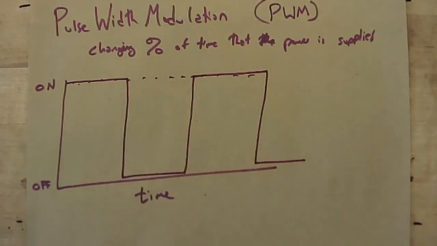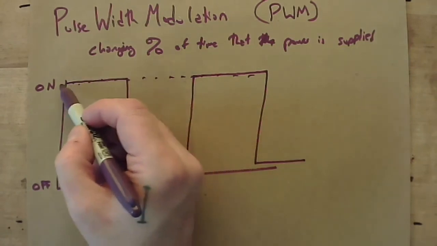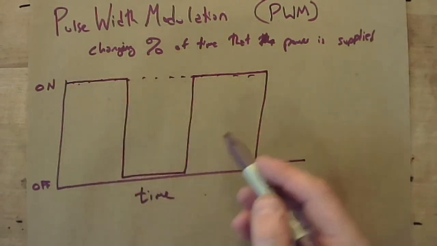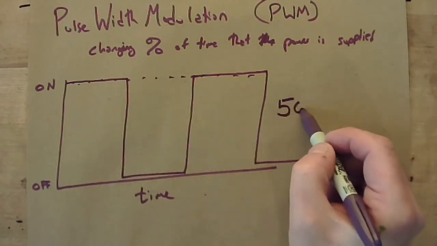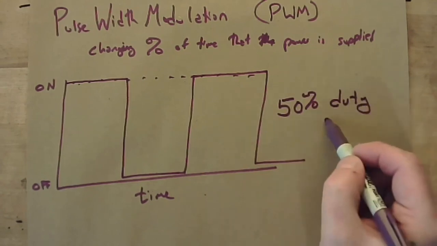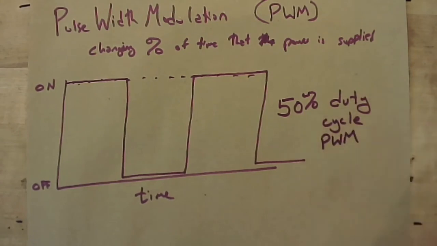we'll see a graph something like this, where the amount of time that it's on is equal to the amount of time that it's off. This is known as a 50% duty cycle PWM.